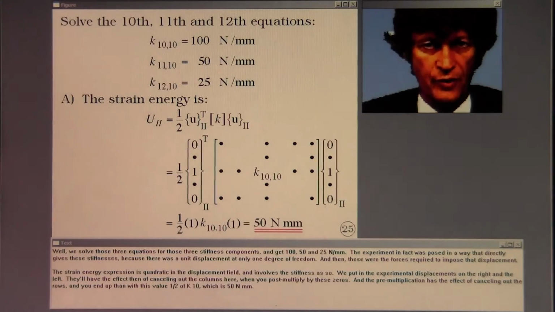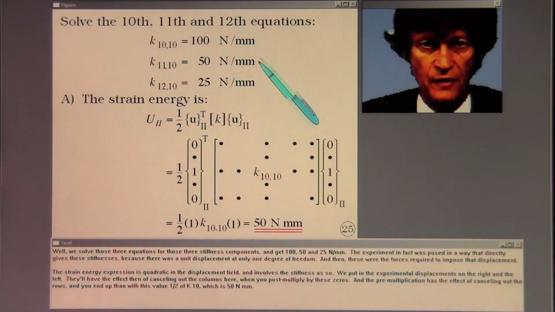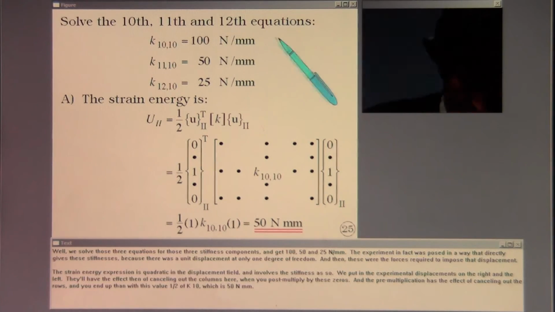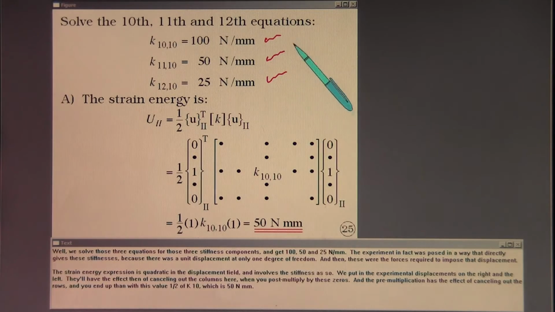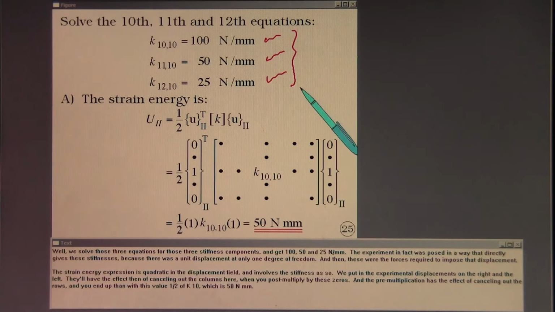We solve those 3 equations for those 3 stiffness components and get 100, 50, and 25 newtons per millimeter. The experiment, in fact, was posed in a way that directly gives these stiffnesses because there was a unit displacement at only 1 degree of freedom, and then these were the forces required to impose that displacement.